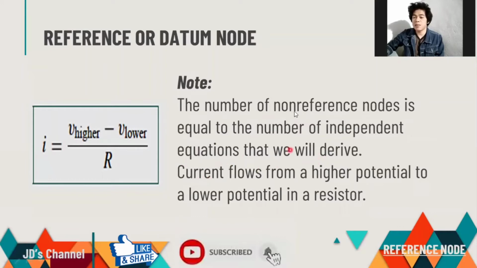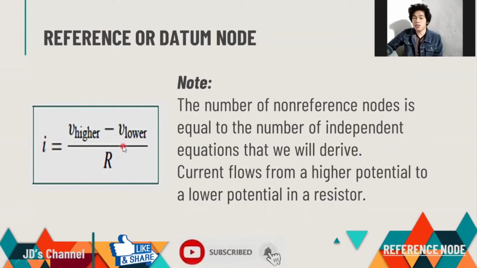And then, sa pag-derive natin ng equation, ini-express natin siya in this way, wherein current is equal to the voltage of higher potential minus voltage of lower potential over R. So like Ohm's law, it's V over R. Yung flow ng current natin, we express it in node voltages.